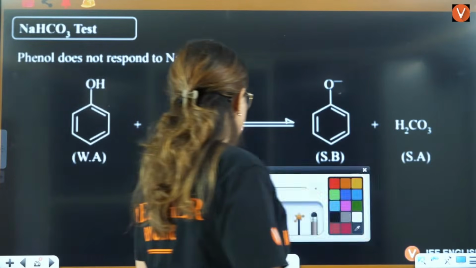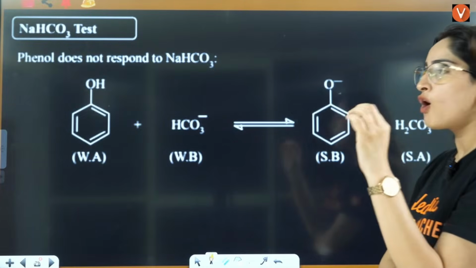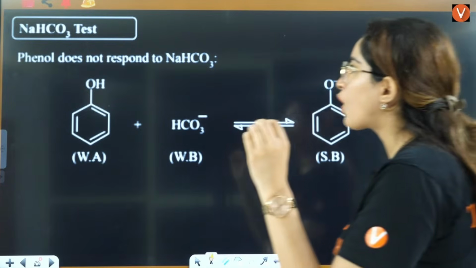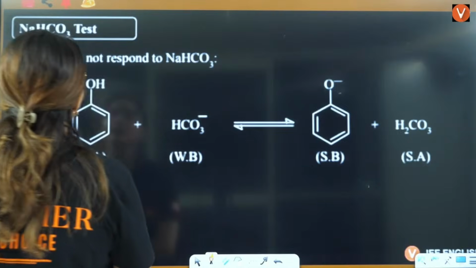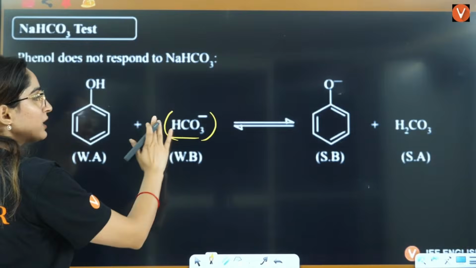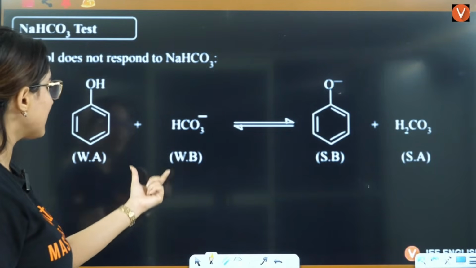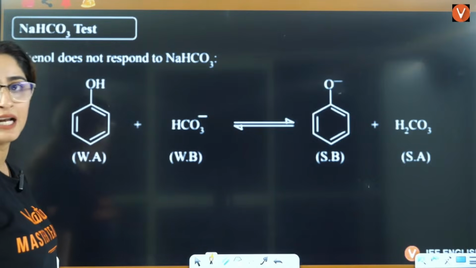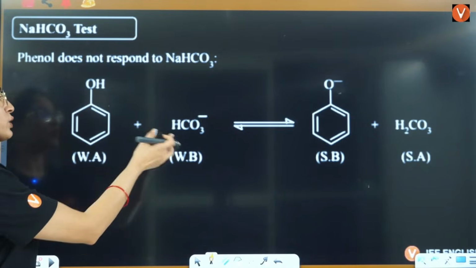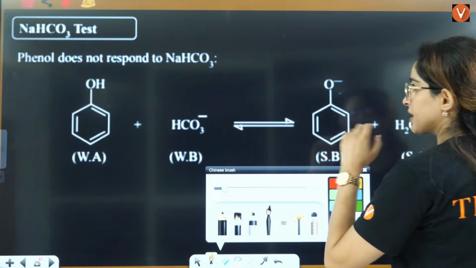The last one is the NaHCO3 test. Now we know that NaHCO3 is a salt which, when it dissociates, gives a weak base. And if you have a weak acid like phenol here, they exchange hydrogen to give a strong base and a strong acid.